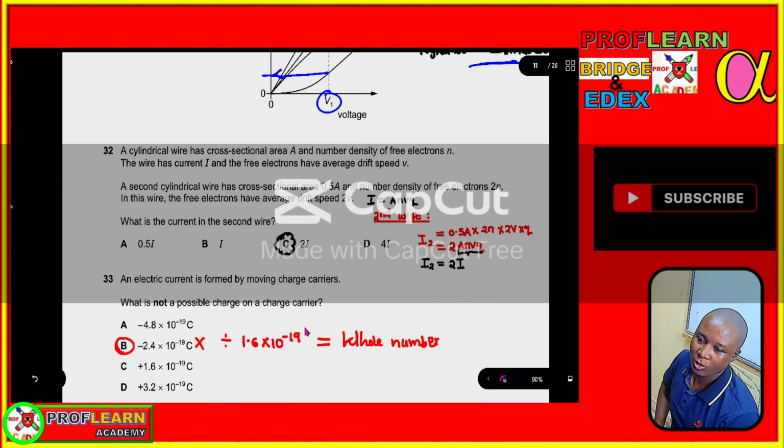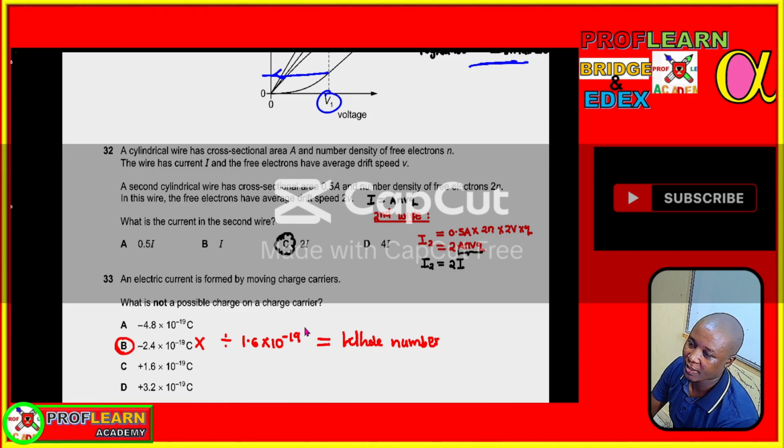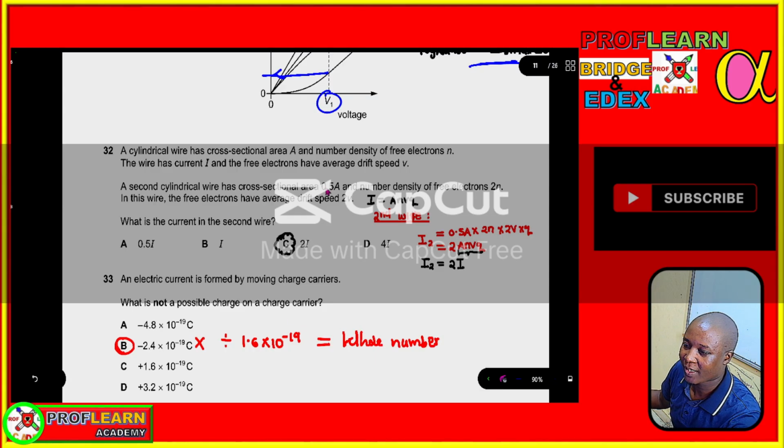In question 32, we are told a cylindrical wire has a cross-section area A and a number density of free electrons N. The wire has a current I, and free electrons have a drift velocity of V. The second wire has a cross-section area of 0.5A. So in order for us to work out this question, we are going to use this formula: I equals ANVQ.